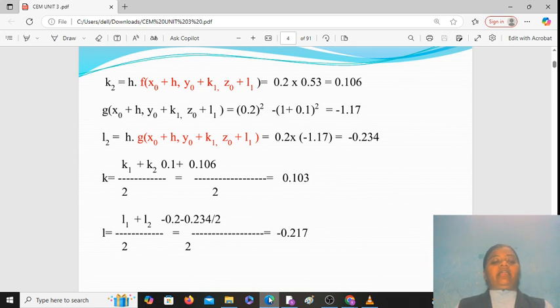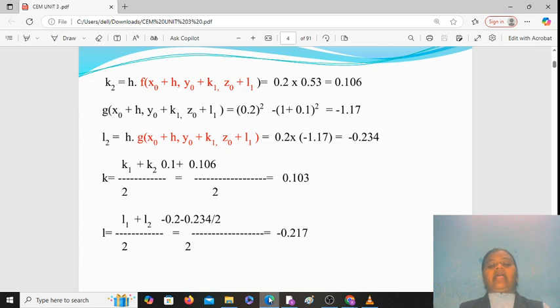Now we calculate the final k. Formula for that, k1 plus k2 divided by 2. We already found k1 and k2. Value of k1 is 0.1 and value of k2 is 0.106. Now, k is equal to 0.1 plus 0.106 divided by 2, which is equal to 0.103.